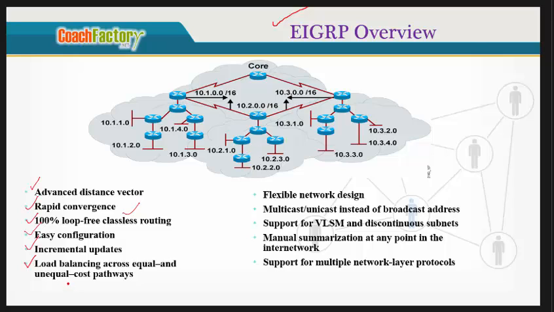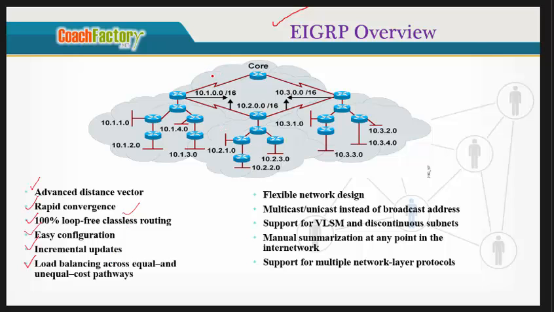EIGRP supports equal cost as well as unequal cost load balancing. Other routing protocols support equal cost load balancing, but they do not support unequal cost load balancing by default. So this is another unique feature of EIGRP, where we can do equal cost as well as unequal cost load balancing.